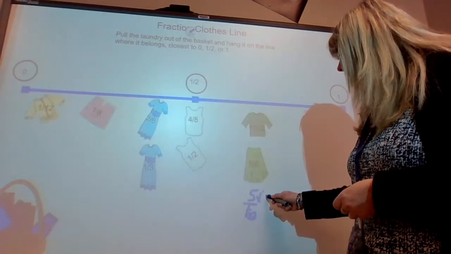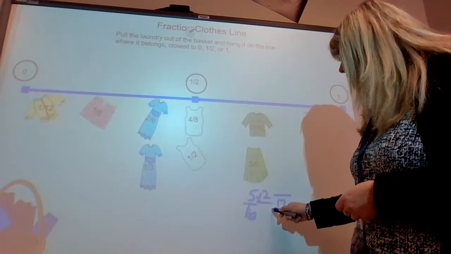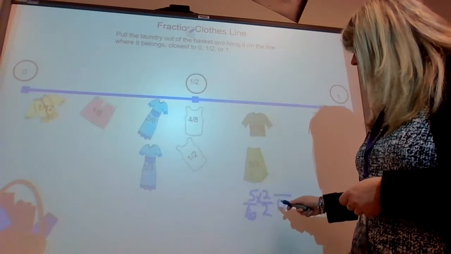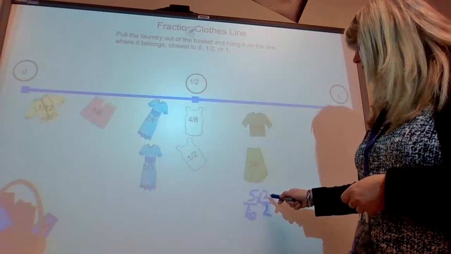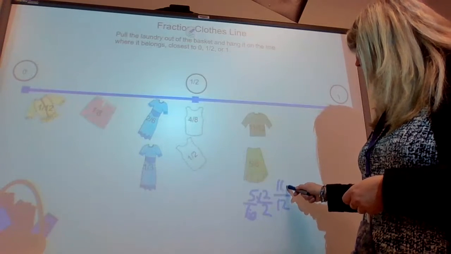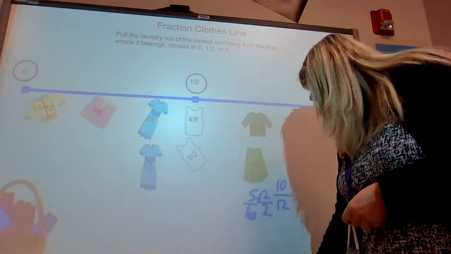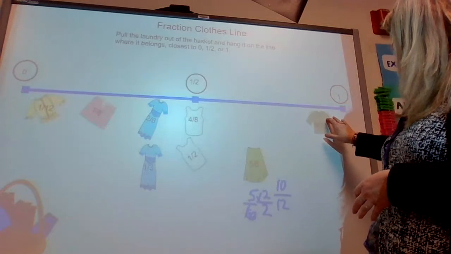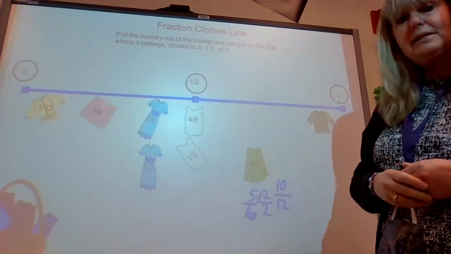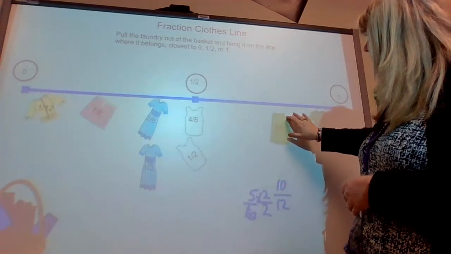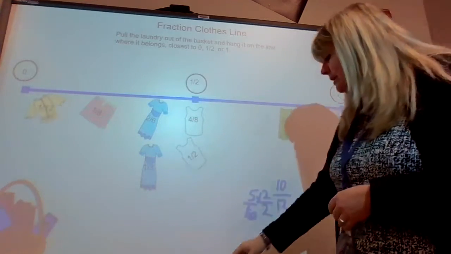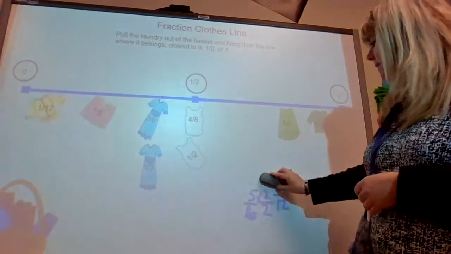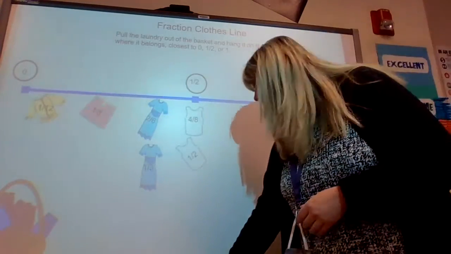You're right, multiply it by 2. So what I do to the numerator, I do to the denominator. So 5 times 2 is 10. So 5/6 is less than 11/12. So I'm going to move 11/12 all the way over here because it's closer to 1. And I'm going to put 5/6 about right there. Because we want to make sure that we put them in the appropriate place.